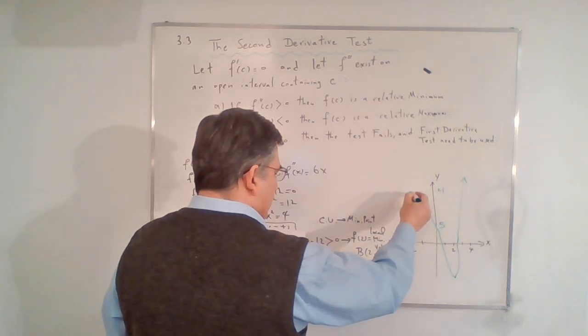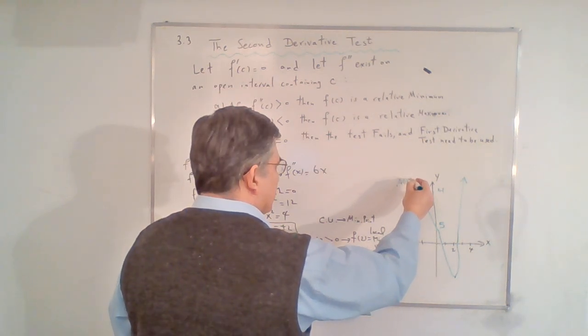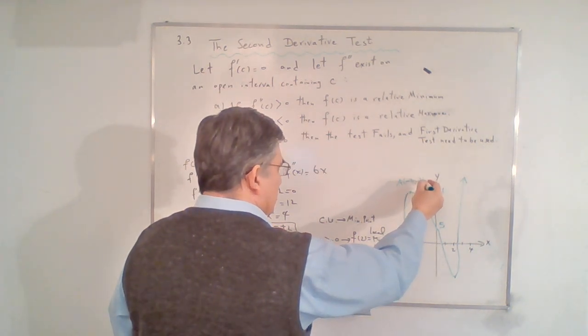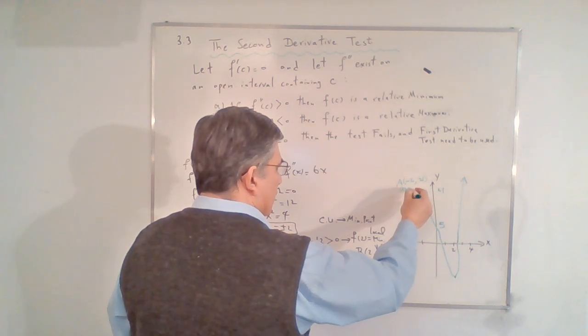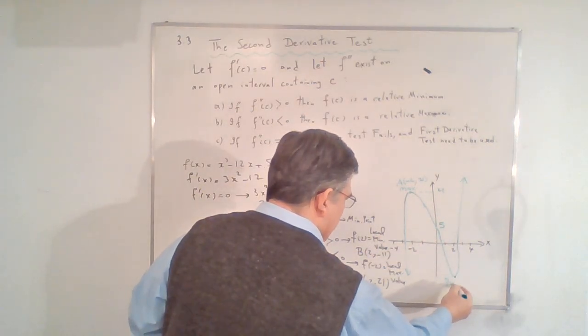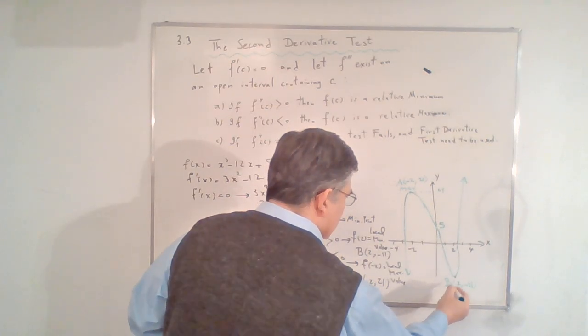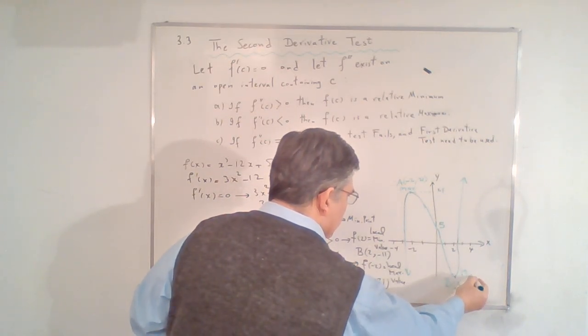So it's like a graph of a cubic function. This is the point A. Coordinates are -2 and 21. That was the local maximum point. This one is point B. Coordinates are 2, -11. It was the local minimum point.